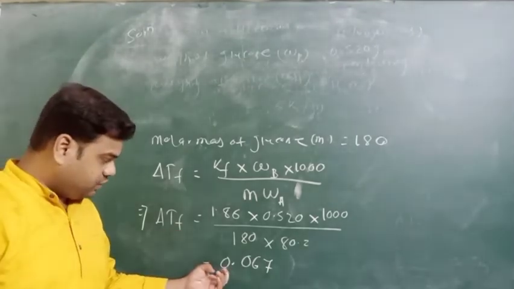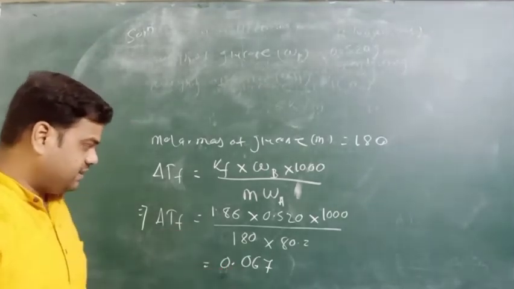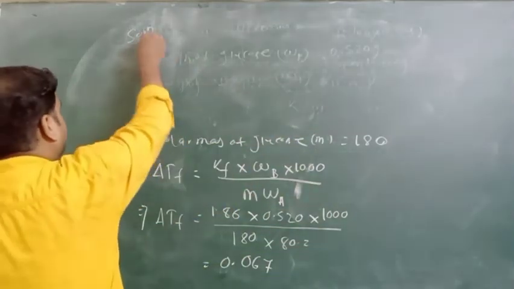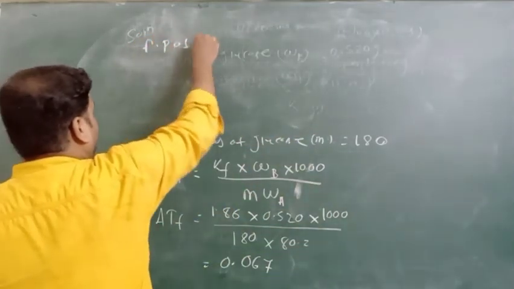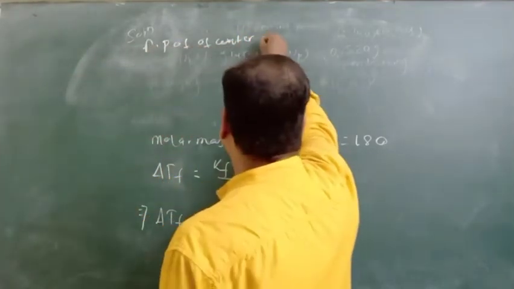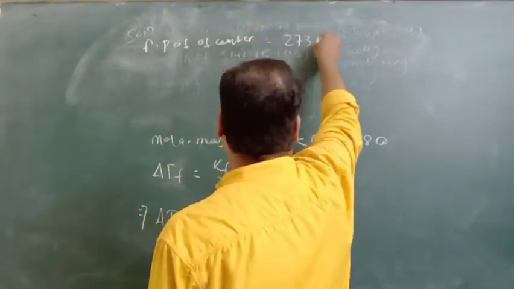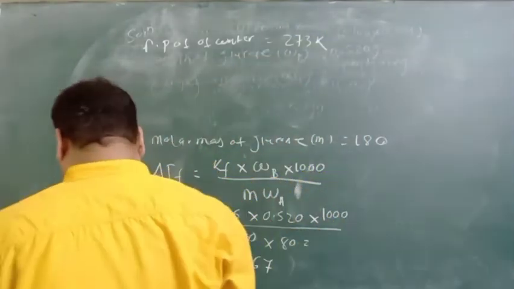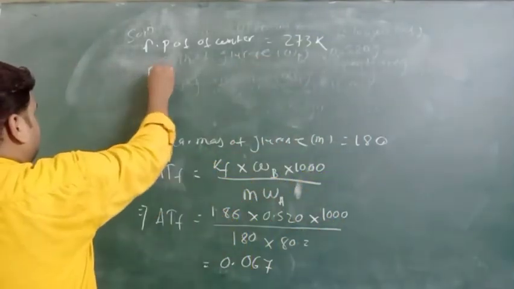We got the value of 0.067, and the freezing point of water is 0 degree Celsius, or you can say 273 Kelvin.